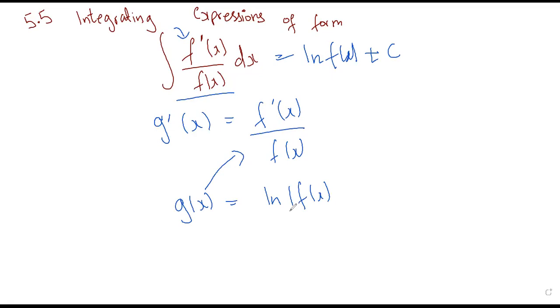If you differentiate this g of x, you would get 1 over the bracket thingy would come here, and the derivative of bracket part would come there, right? Yes. So this is how the integral of this type of fraction would be this. You get it?